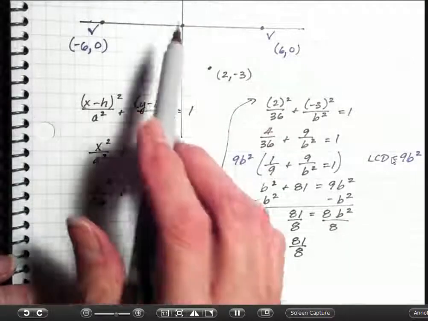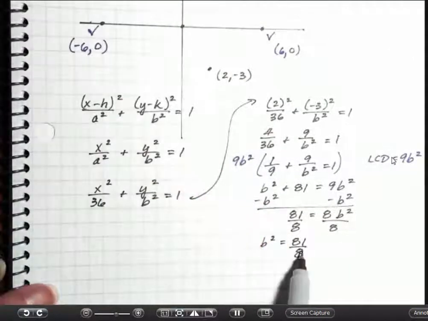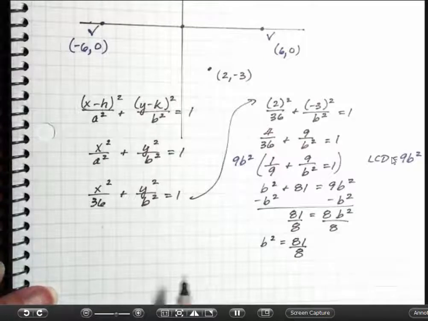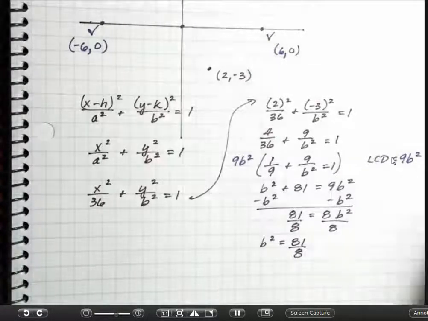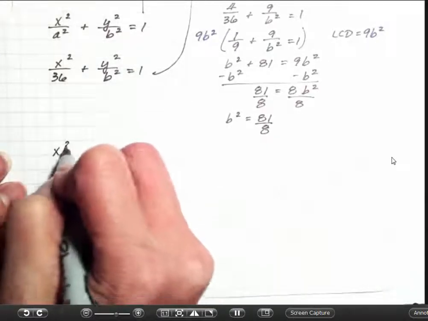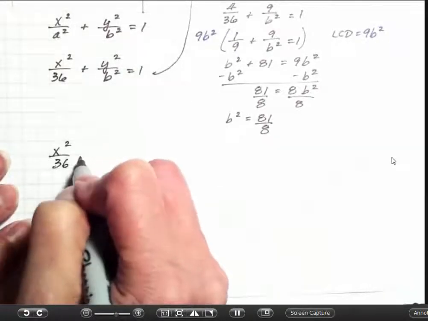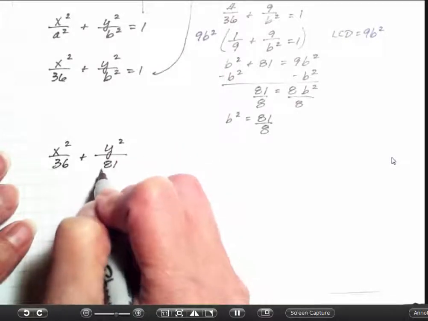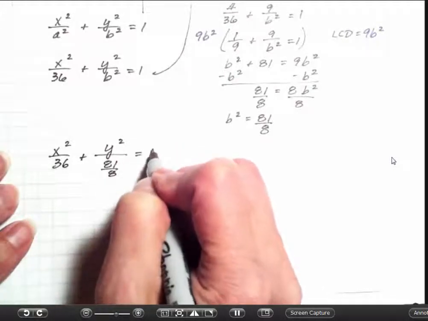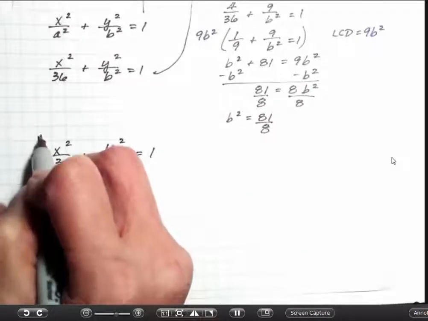I don't need to graph it. I just need to plug this in where I have a b squared. So I end up now with the standard equation of my ellipse: x squared over 36 plus y squared over 81/8 equals 1. And that is the answer to this problem.